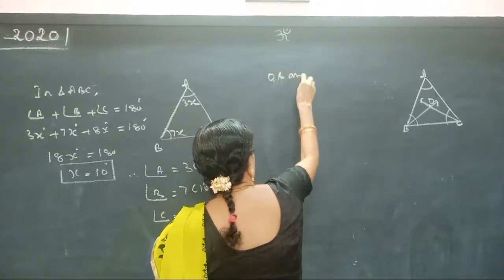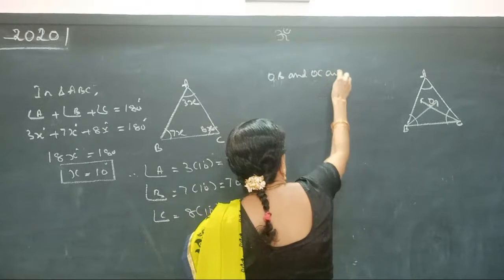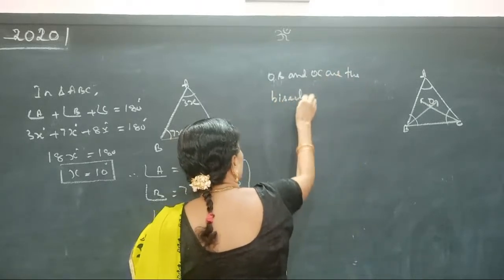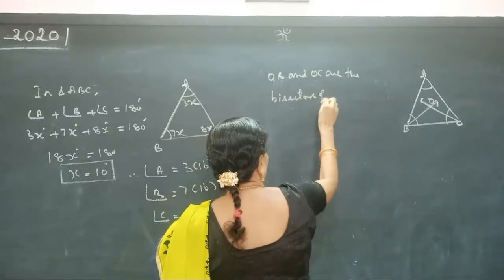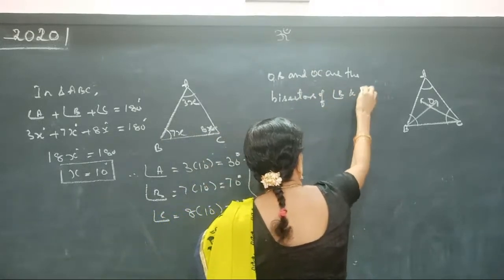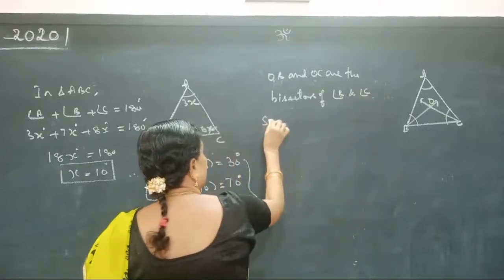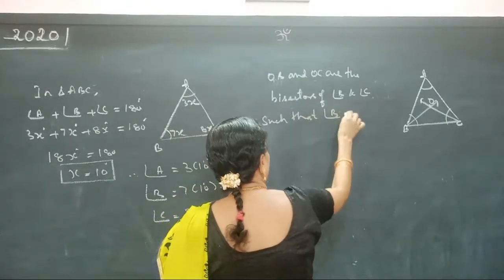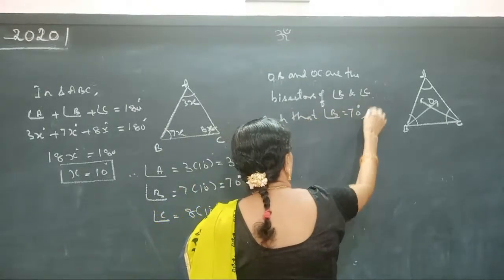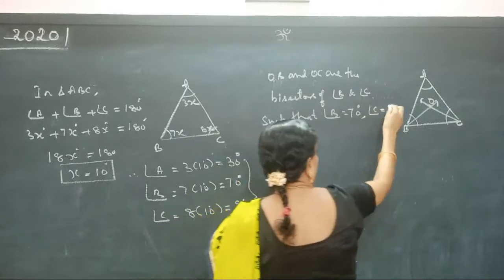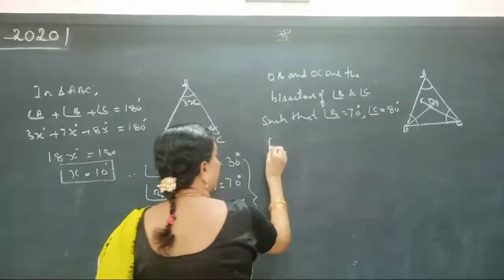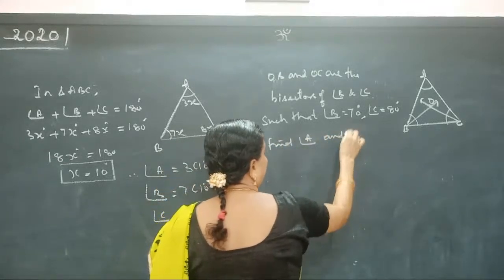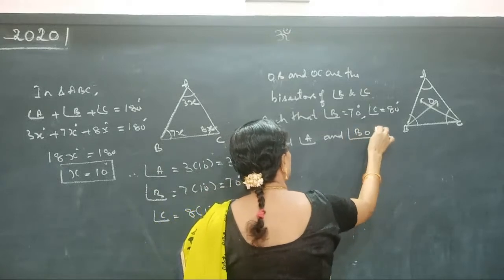OB and OC are the bisectors of angle B and angle C, such that angle B equals 70 degree, angle C equals 80 degree. Find angle A and angle BOC.